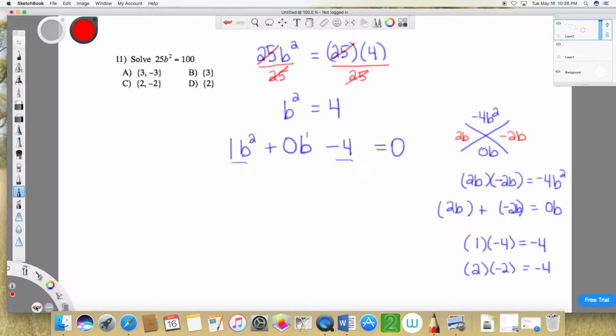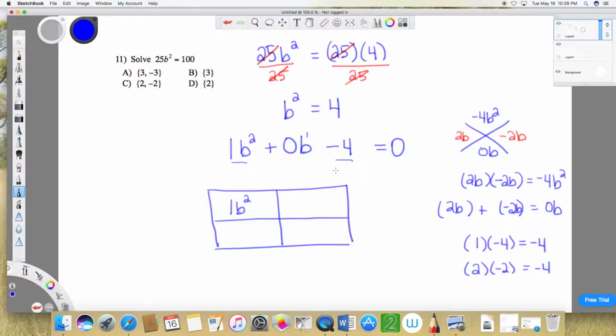Now what we do is put that information in the form of a table. The table just helps us with factoring. Along one diagonal, we write the first term and the last term of our original expression on the left-hand side. On the other diagonal, we write the information that we found from our X, our 2b and a negative 2b.